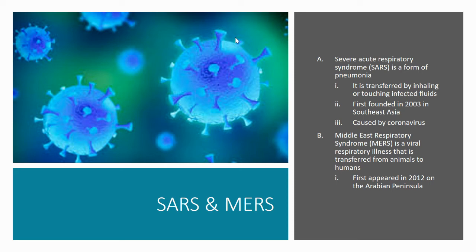This was a form of pneumonia. It's transferred by inhaling or touching infected fluids. It was first found in 2003 in Southeast Asia and was caused by a coronavirus. MERS was Middle East Respiratory Syndrome. This was a viral respiratory illness that transferred from animal to human, and it first appeared in 2012 on the Arabian Peninsula.